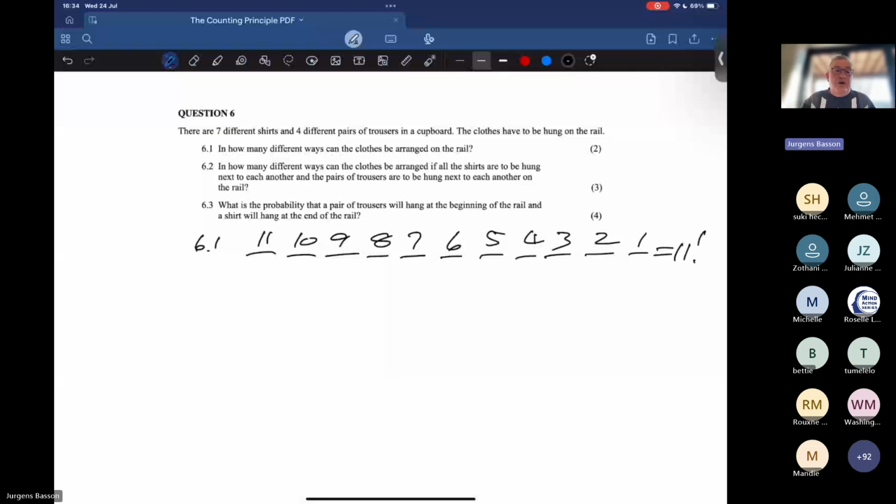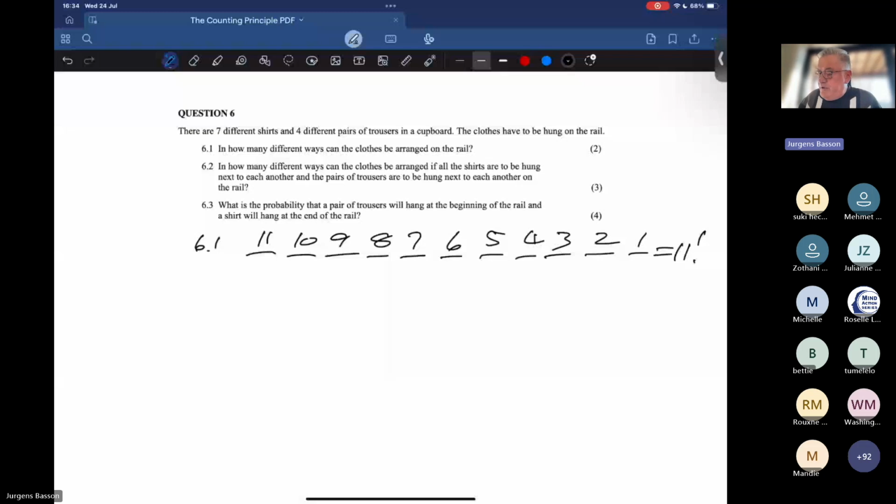And when you work this out on a calculator, you will notice it is a very big number. So 11 factorial, no restriction. It's 11 clothing items. They're different. There's no repetition. And we place them on a rail.